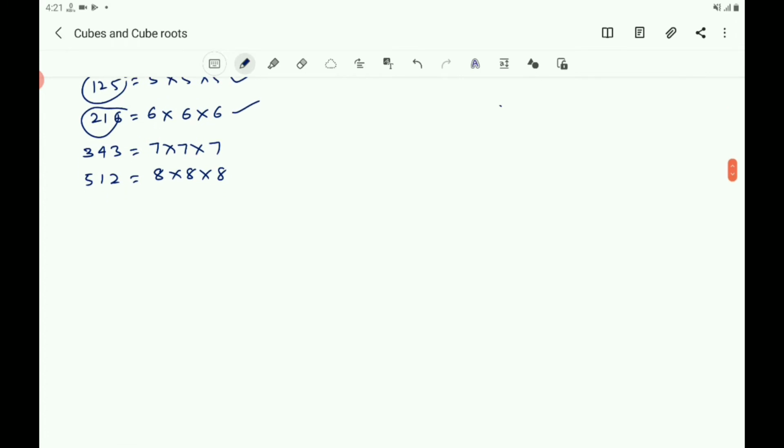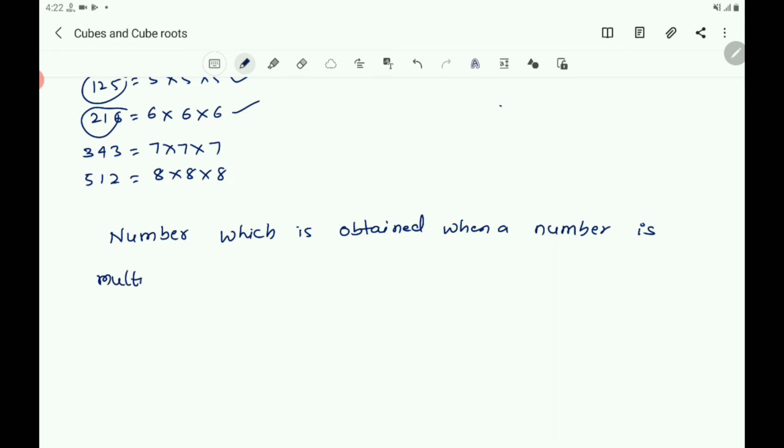So you write: a cube number is a number which is obtained when a number is multiplied by taking it 3 times.